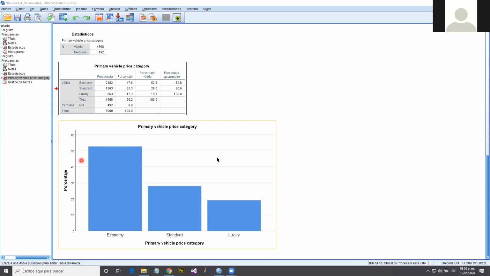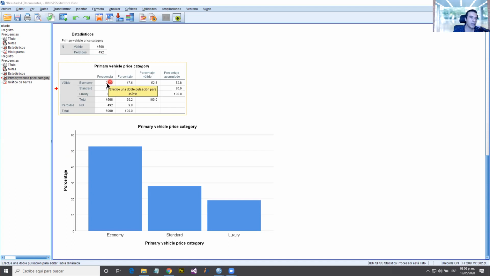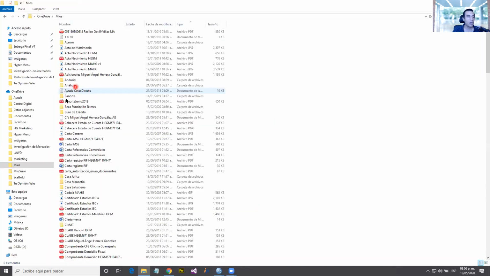Well, also that in numbers, 2,382 persons that answered the survey have an economy car. Exactly, yes, that is an important number, right here. And this is the absolute frequency. Okay, very, very good, excellent. Let me see if my hard drive is already updated, so that way we can move to the last one.